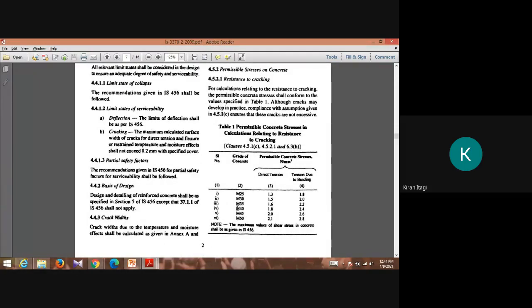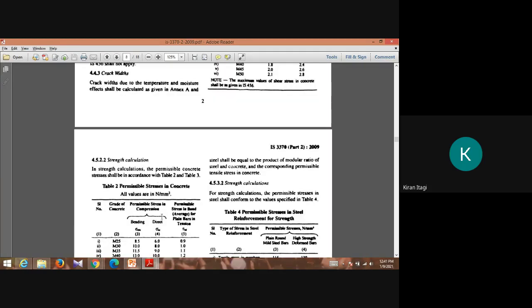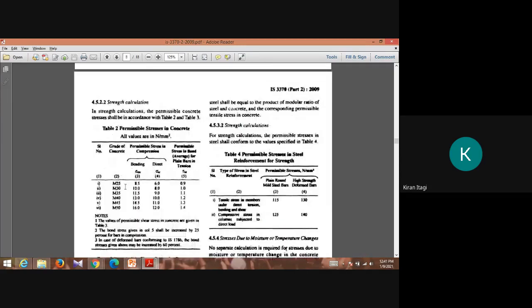For different grades of concrete we have different values of direct tension and tension due to bending. If you are using M25, the direct tension will be 1.3 and the tension due to bending will be 1.8. So we need this tabular column.